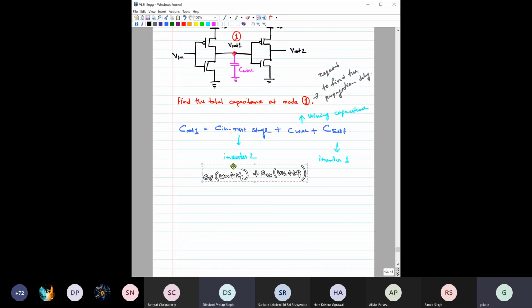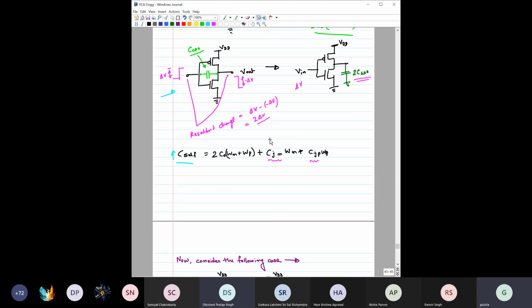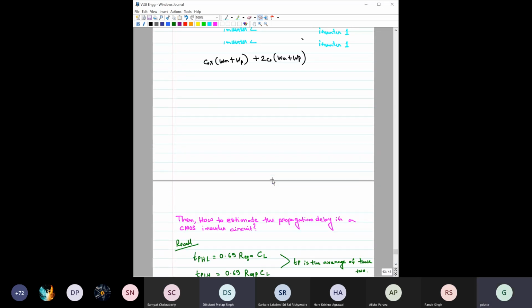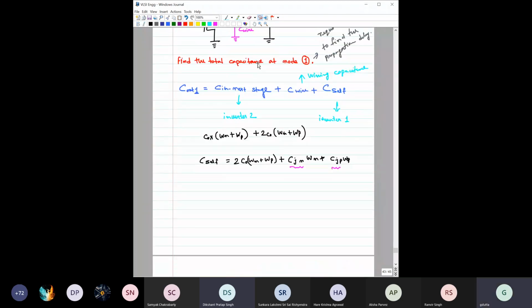So the total capacitance would be this one plus C wire plus C self.